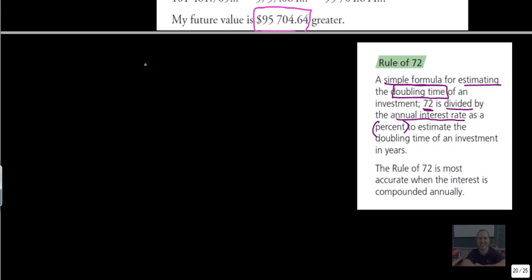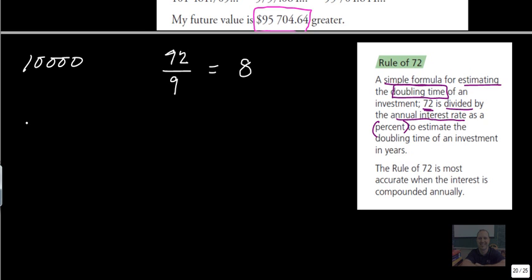Okay? So an example would be, you have any amount of money. So let's say we have $10,000. That was that $10,000 in our previous question. $10,000, and we have an interest rate, what was it, 9, annual interest rate? So 72 divided by 9, what's that? That's 8, right?